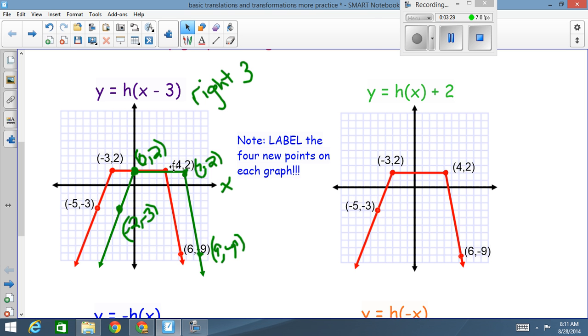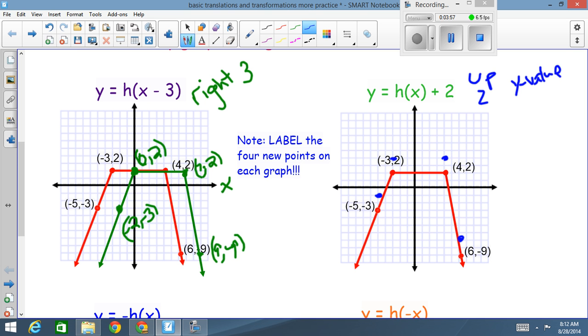Okay? Now when we talk about going with the plus 2 on the outside, plus 2 on the outside of the parentheses means we're going up 2. So every one of these points I'm going to shift up 2, which isn't a huge translation, but it is still a translation. And when I name these now, going up 2 is dealing with y values. Okay, so my x values are going to stay the same.